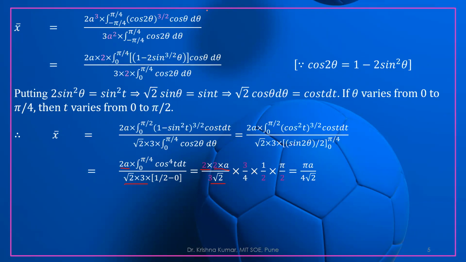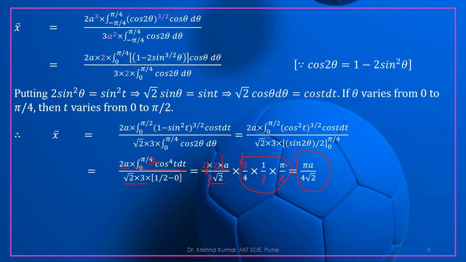This is 3 root 2. Okay, this is the value of this integration under the limit 0 to pi by 2. This is not pi by 4, it is pi by 2. Okay, so if we simplify it, what we are getting is pi a upon 4 root 2, because this 3 will cancel, this 2 will cancel.